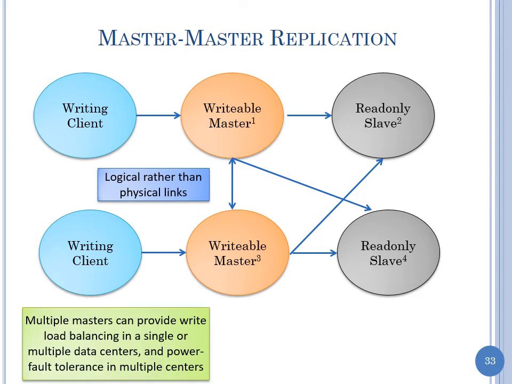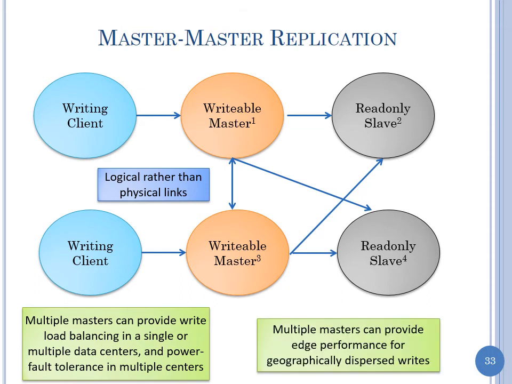Multiple masters can provide write load balancing, and if we replicate the whole data, then we can have power failure tolerance. Now a lot of these data centers have generators, but at some point that may also become an issue, and with lockdowns, who knows what can happen in one region of the world, so we want some redundancy. And multiple masters can provide edge performance for geographically dispersed writes.